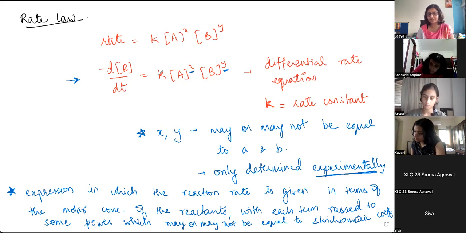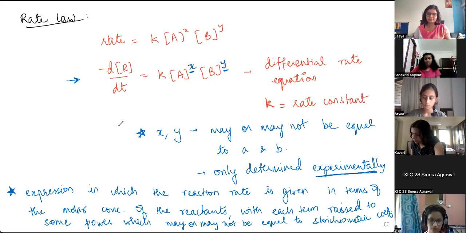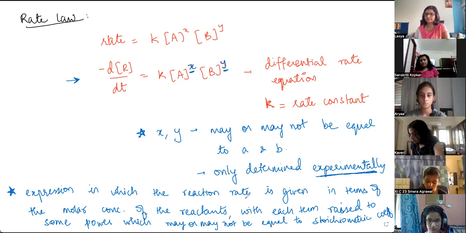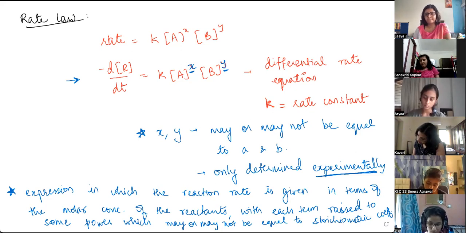So the rate of the reaction is given in terms of the molar concentration of the reactants raised to some powers which may or may not be equal to the stoichiometric coefficients. See if there are any questions based on the rate law.